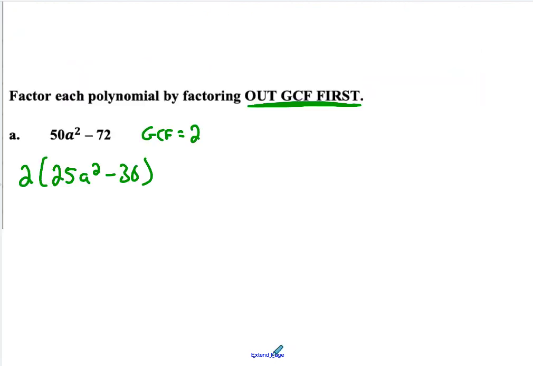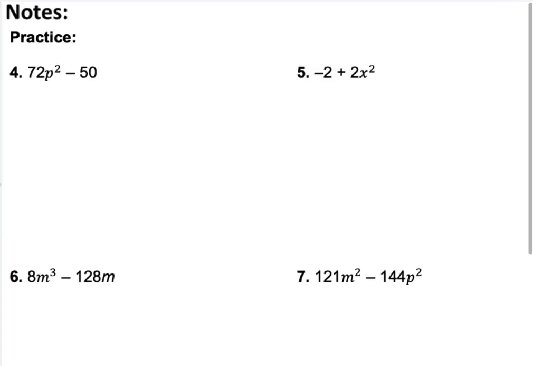Now, that is a perfect square. 25a squared is really 5a times 5a. 36 is really 6 times 6. I want different signs, so one's plus and one's minus, and then that 2 that I factored out just hangs out front. So sometimes we've got to do a little bit of work first before we can finish using our difference of squares.